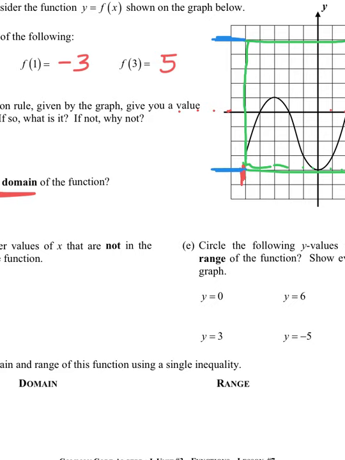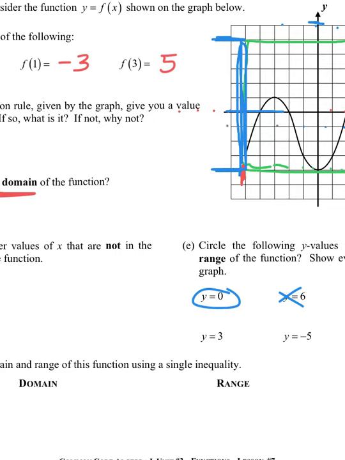Part E says, circle the following values that are in the range of the function. The range goes from the lowest point to the highest point. Y equals 0, is that in the range? That's right here, so yes. Y equals 6 is up here. No, that's not in the range. Y equals negative 1, yeah, that's in the range.